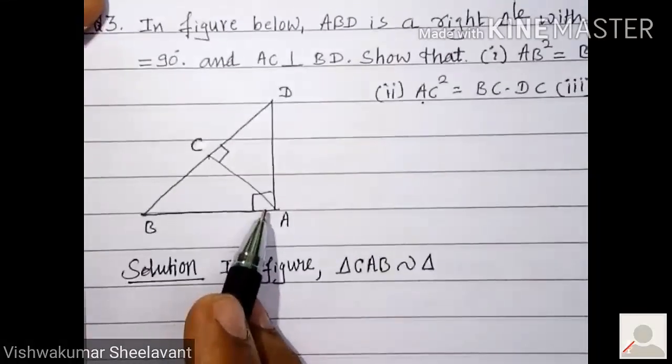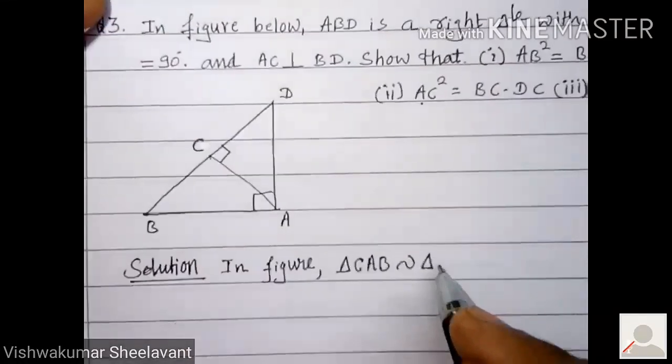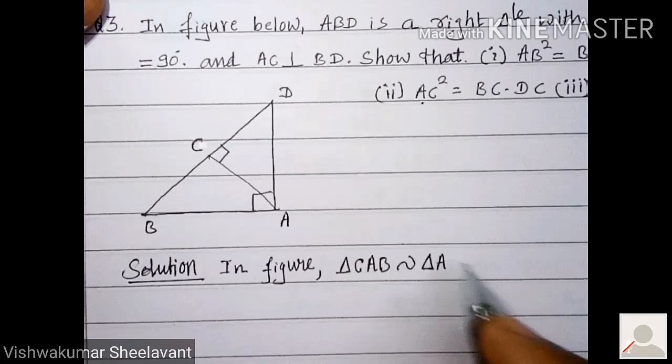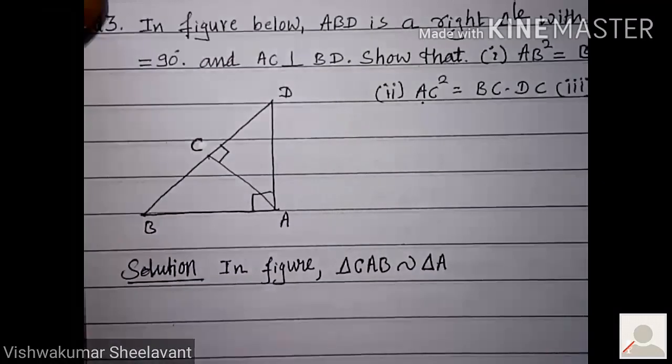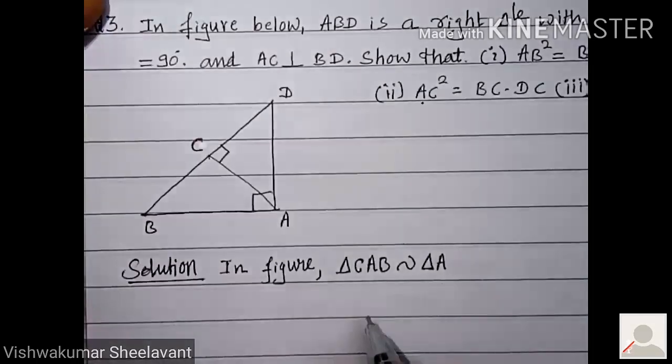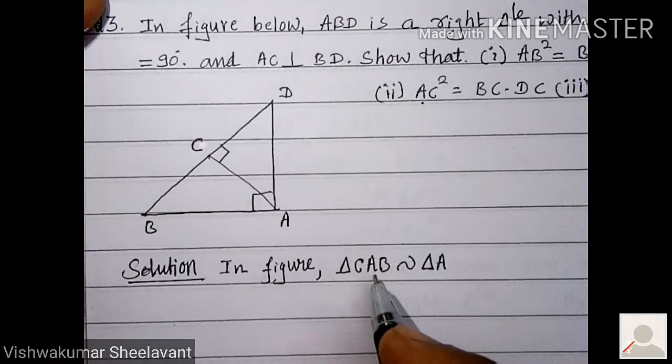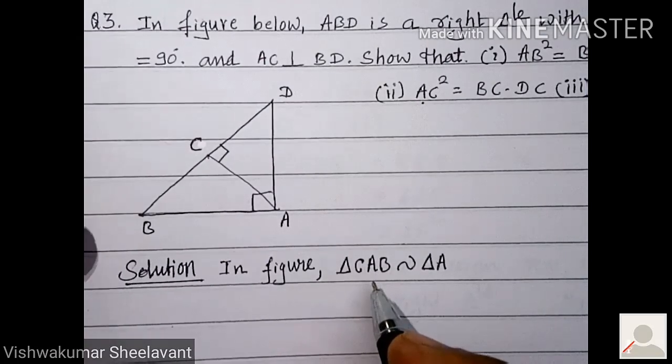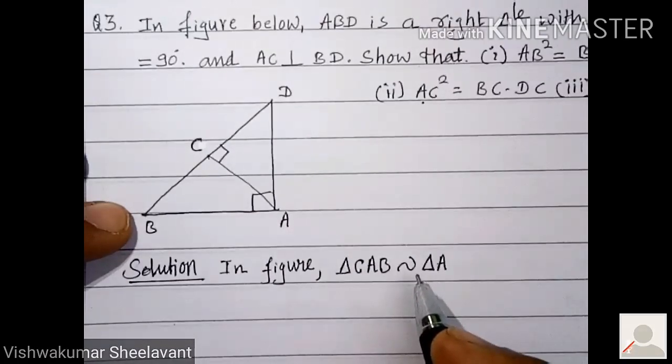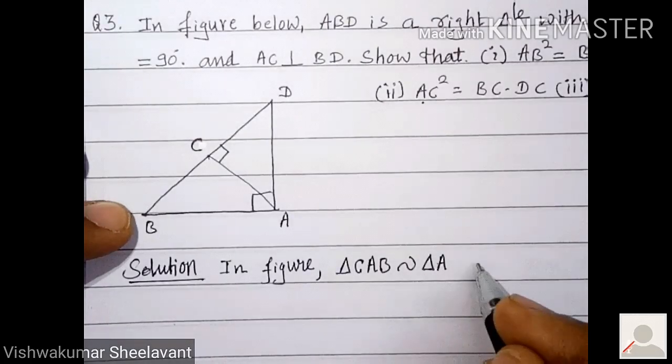Angle A is 90 degrees. So first you have to write here angle A. Correspondence is very, very important. Then angle B is common. So you write here B equal to B.